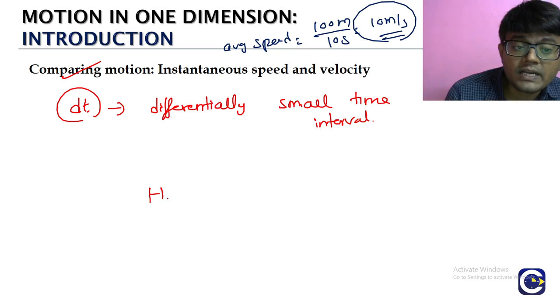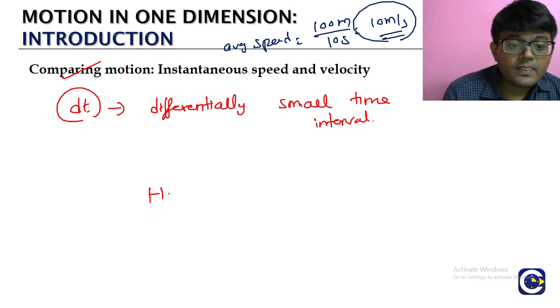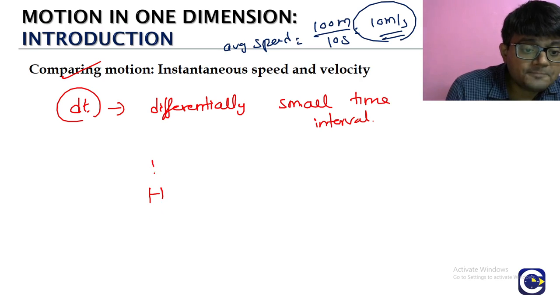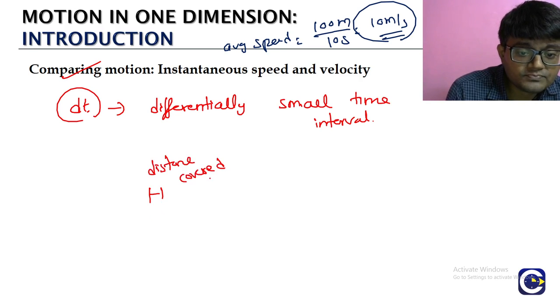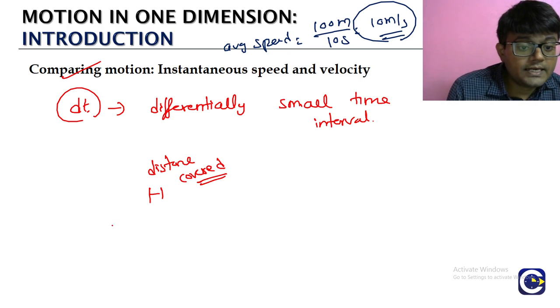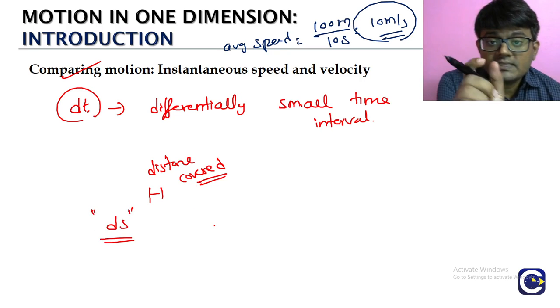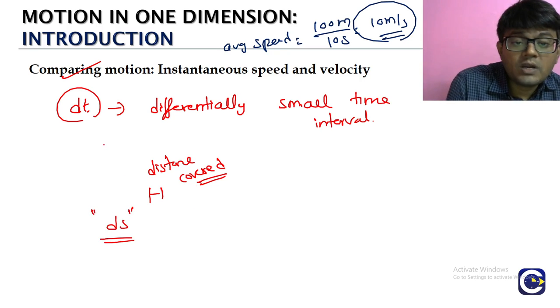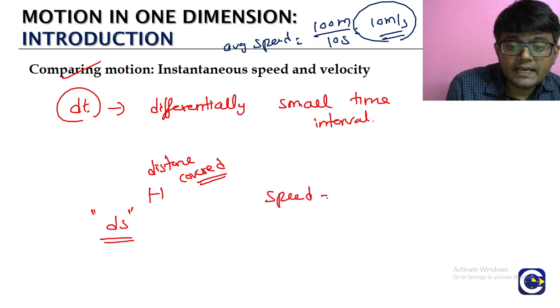If we look at the distance covered, it will also be small. Let us represent this by ds. The small distance covered in that very small time interval is ds. Then the speed will be equal to ds by dt.